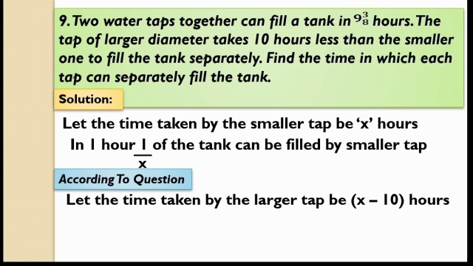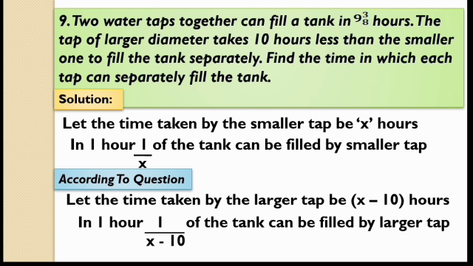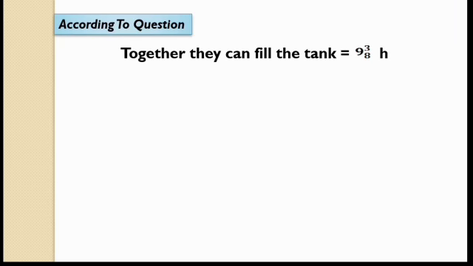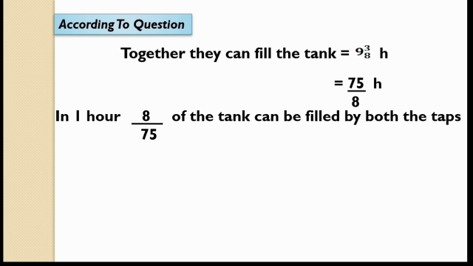So in 1 hour, 1 upon x minus 10 of the tank can be filled by the larger tap. And according to the question, it is given that together they can fill the tank in 9 3/8 hours, it means in 75 upon 8 hours. So in 1 hour, 8 upon 75 of the tank can be filled by both the taps. Now we will add 1 upon x plus 1 upon x minus 10.